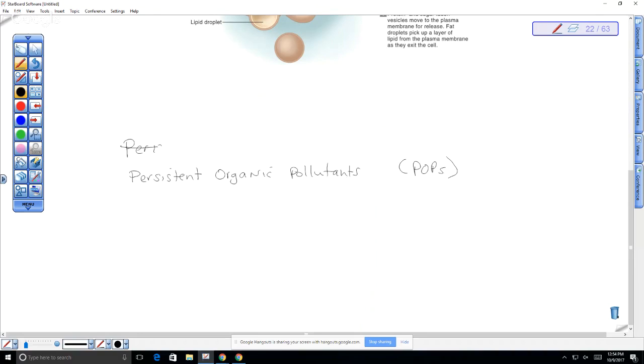So these are organic molecules, meaning what are they made of primarily? Carbon, right? They're persistent, which means that they're lipids. So they are fat soluble. Because they're fat soluble, you cannot get rid of them via the urine.